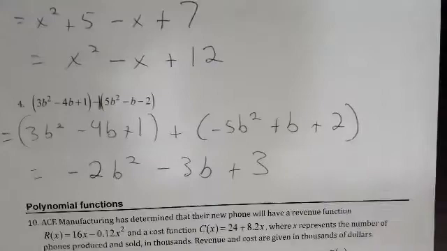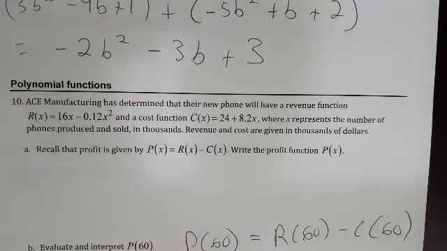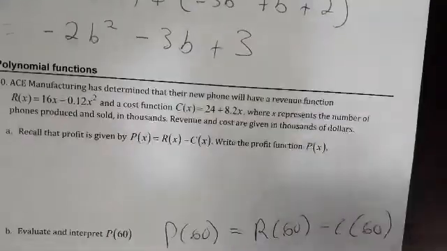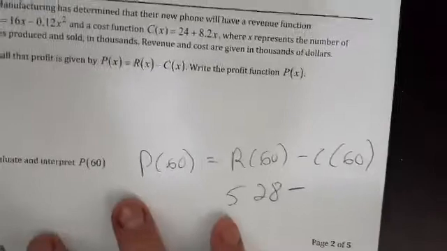We can plug 60 into this thing, or I can plug 60 into this thing. I guess I can do it right quick. 16 times 60 minus 0.12 times 60 squared. And that's going to give me something like 528. Hopefully this works. Doing it live.